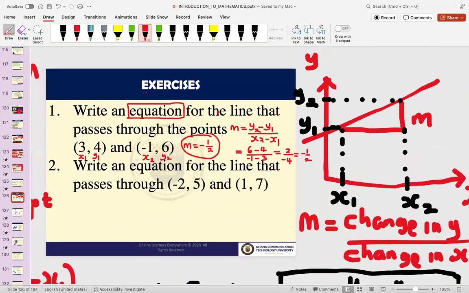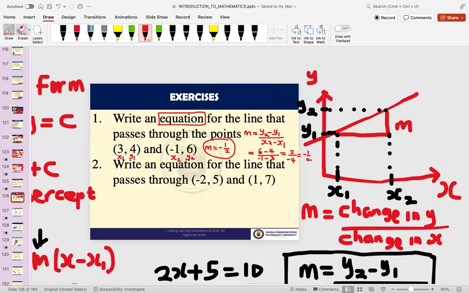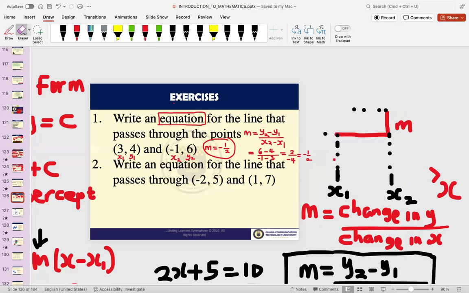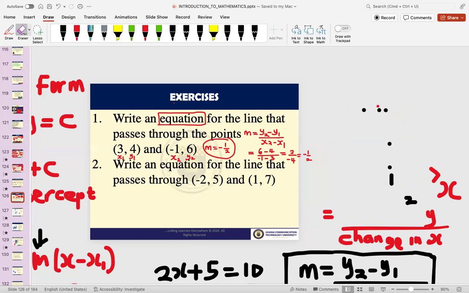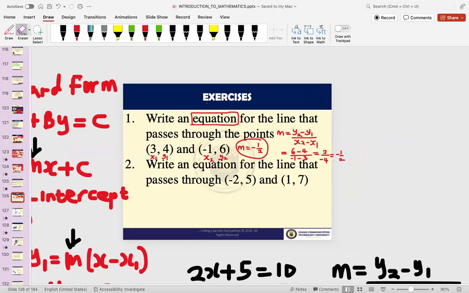Let's see how we can use it to write our equation. Let me clear the stuff here now. And then let's see how we can use the m we have to write an equation. And even which of the equations can we pick to make life easier for us. Right. So let me put them together now.